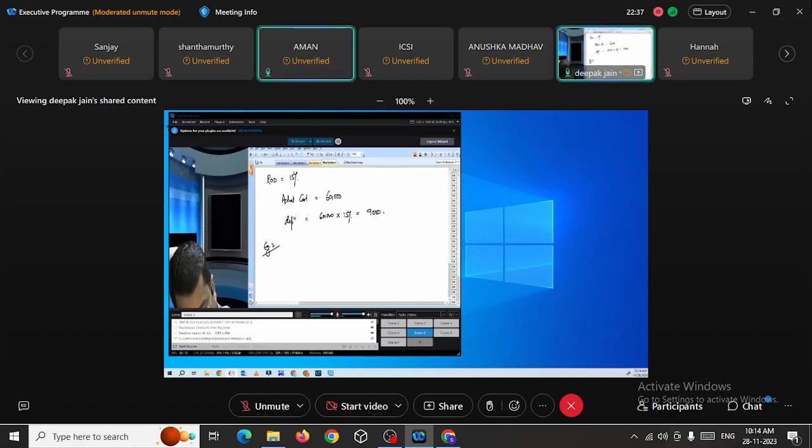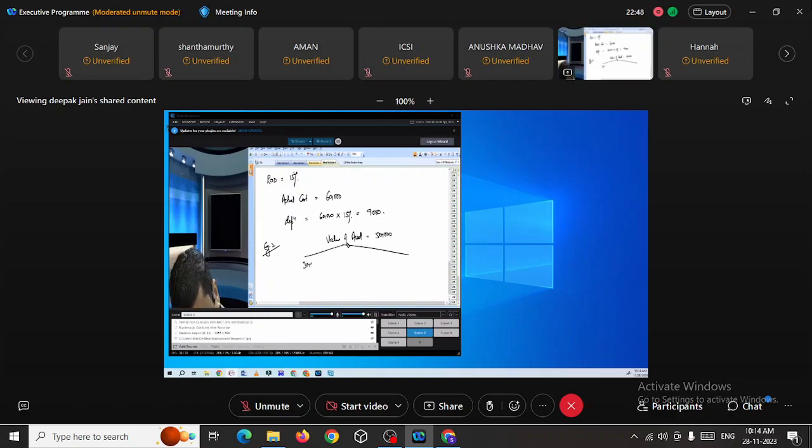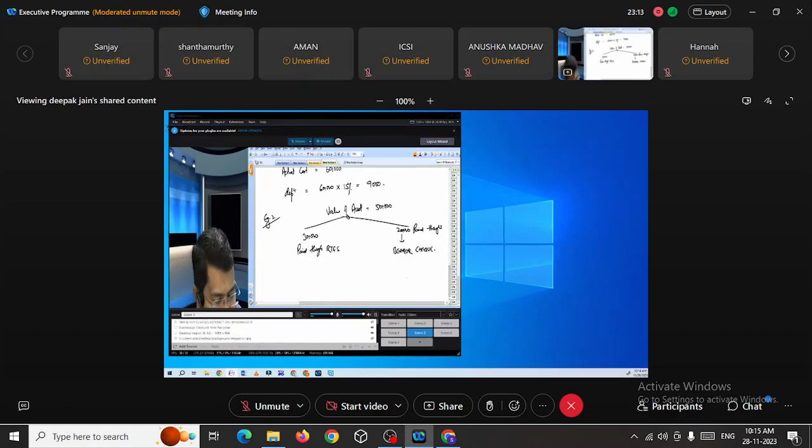Example 2. Value of asset 50,000. 30,000 paid through RTGS. 20,000 paid through bearer check. Any idea?